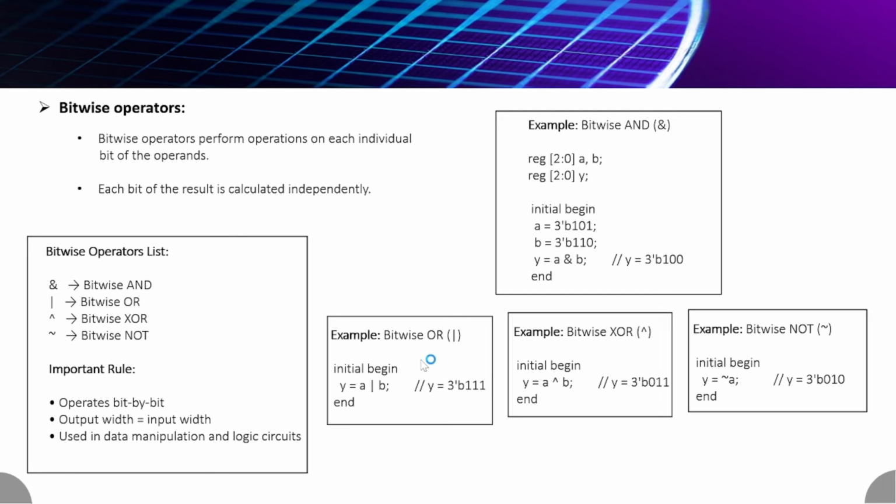In the bitwise XOR operation, the result bit becomes 1 only when the input bits are different. In the bitwise NOT operation, each bit is inverted, 1 becomes 0 and 0 becomes 1. An important rule to remember is bitwise operators operate bit by bit and output width is the same as the input width. Bitwise operators are widely used in data manipulation, masking, and digital logic circuits.